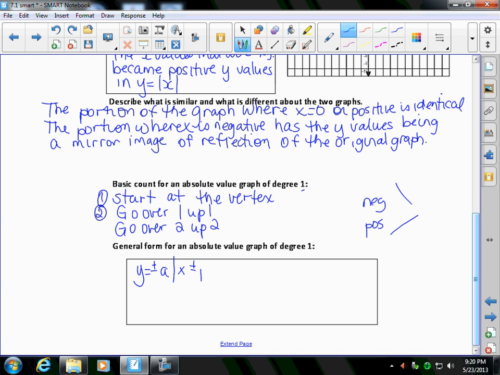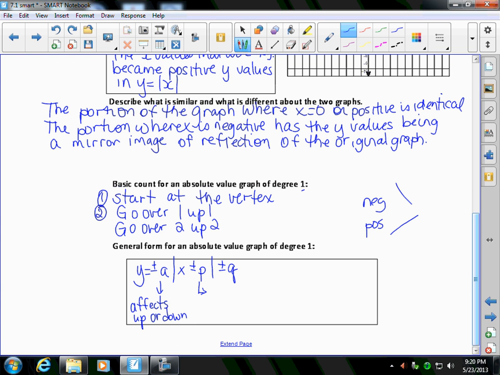Same thing as in quadratic functions, the a affects if the graph is curved up or if it's curved down.